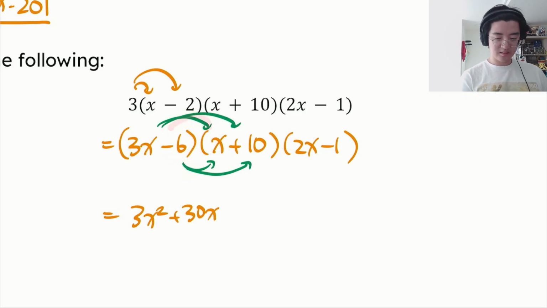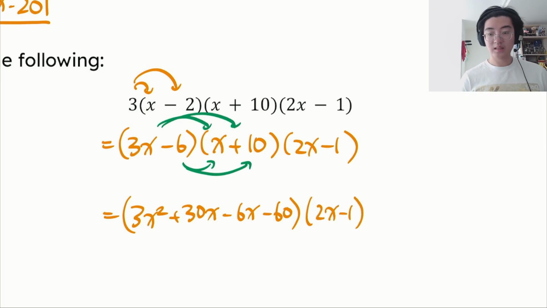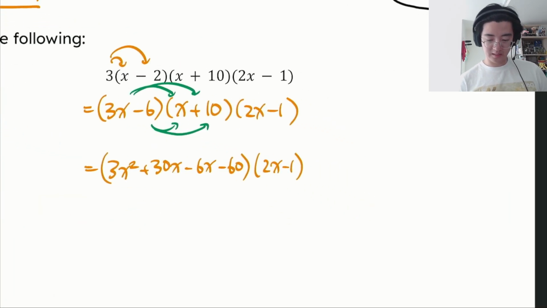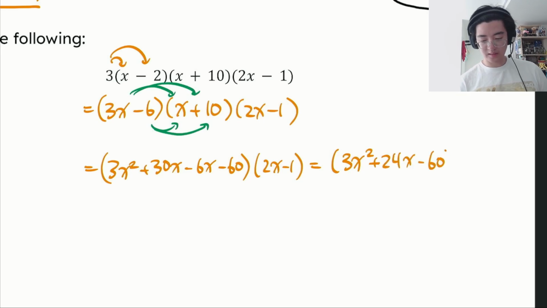Oh, yeah. And then minus 6x. And then minus 60. Combine them together. 3x squared plus 24x minus 60, times 2x minus 1.